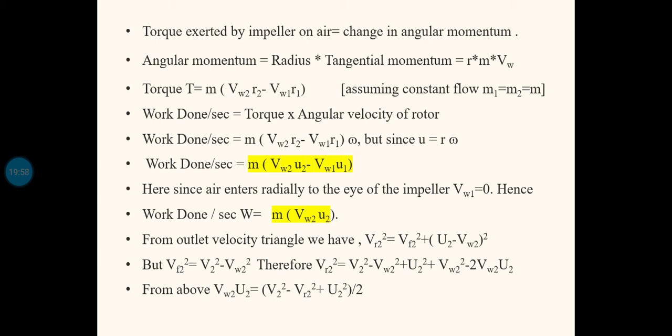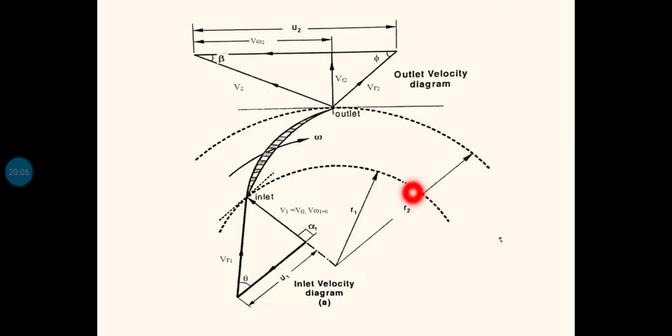Now from the outlet velocity triangle we have Vr2 square equal to Vf2 square plus (u2 minus Vw2) whole square. I will show you here. This is a right triangle. Vr2 is the hypotenuse, Vf2 is one edge, and the other edge is u2 minus Vw2.